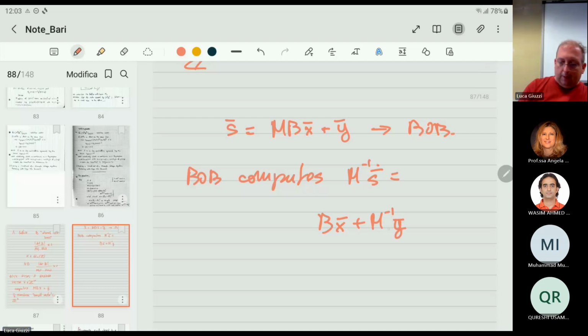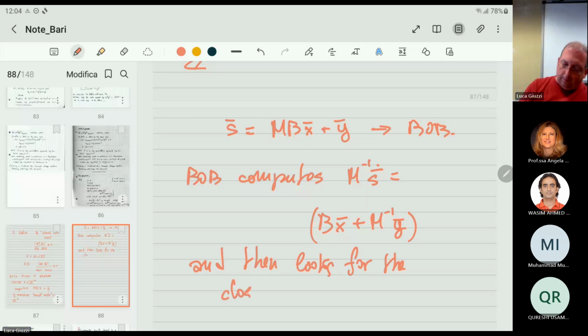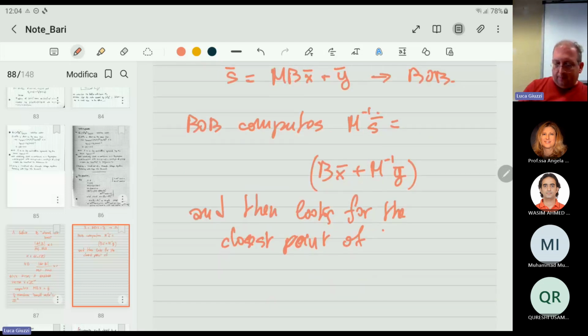And then he looks for the closest point of the lattice to B x plus M minus 1 y.